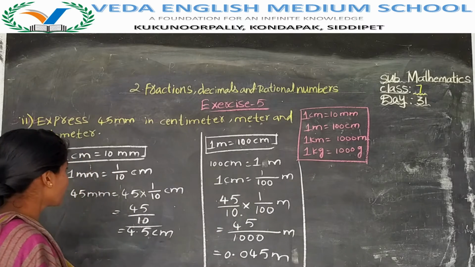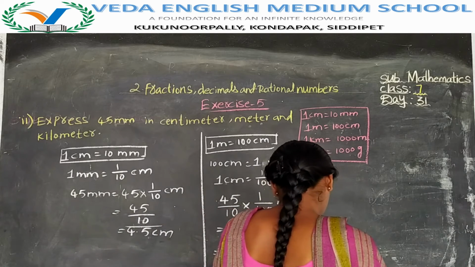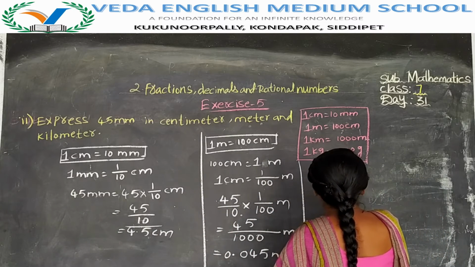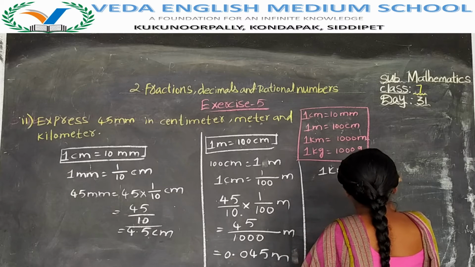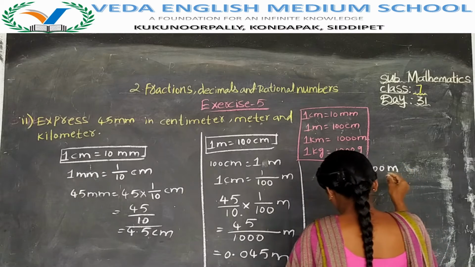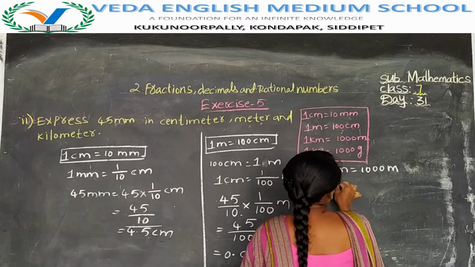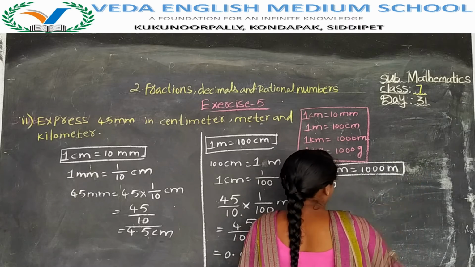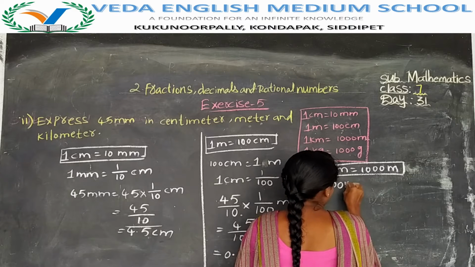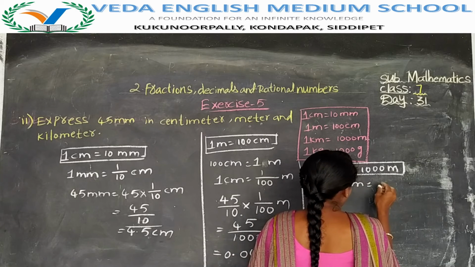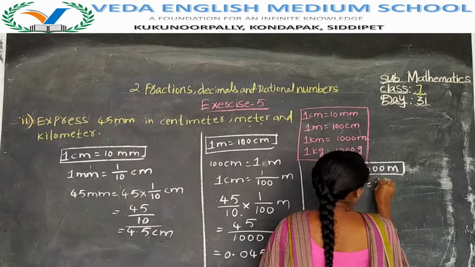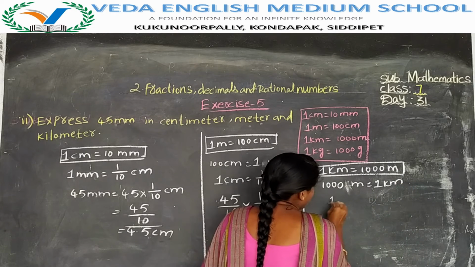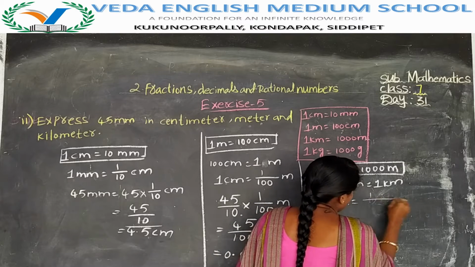We have converted that. Next we have to convert kilometers into meters. Next, what do we have to use? We have to use 1 kilometer is equal to 1000 meters. So 1000 meters is equal to 1 kilometer, and 1 meter is equal to 1 by 1000 kilometers.